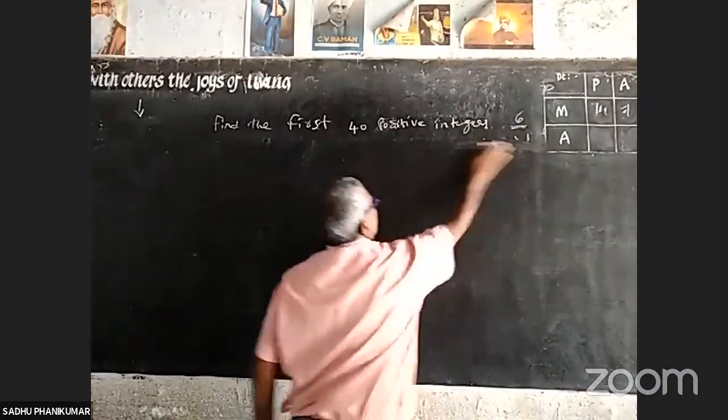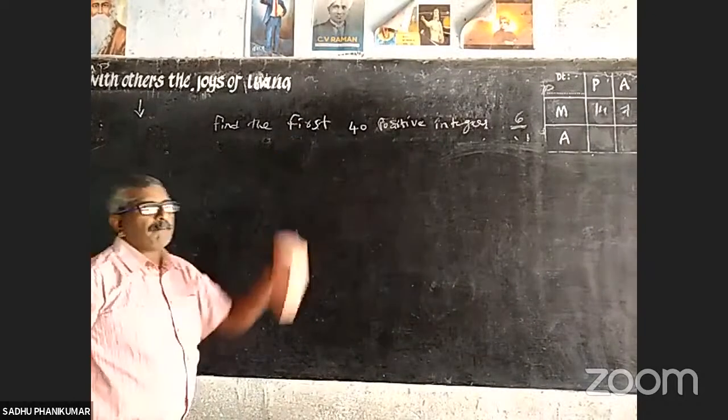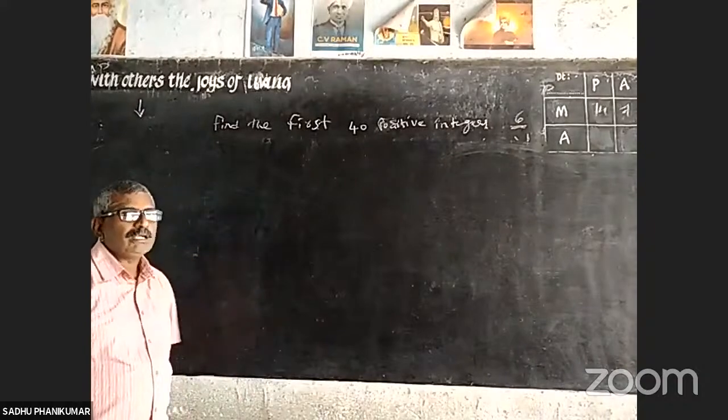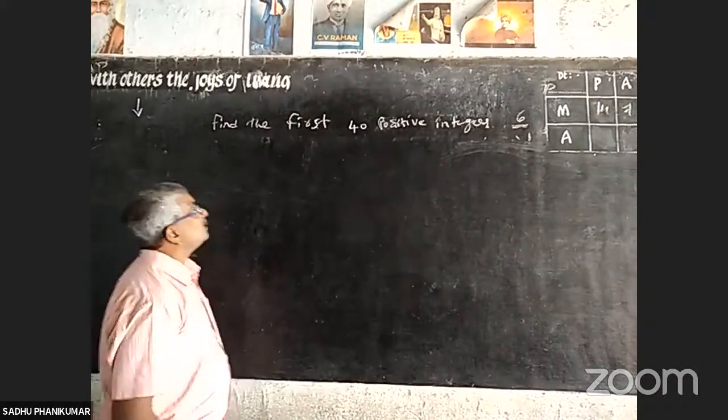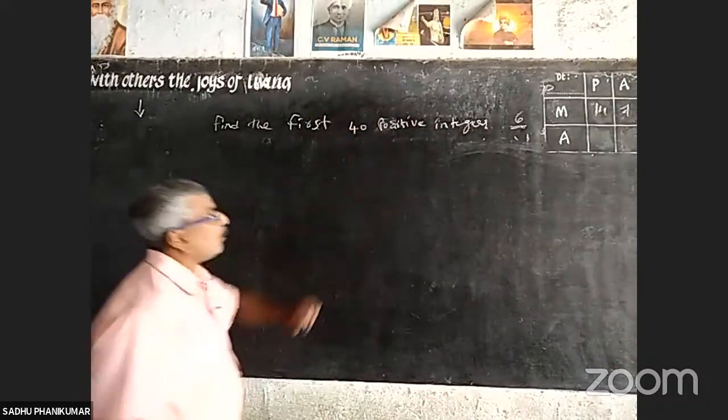Divisible by 6 is nothing but the multiples of 6. So find the first 40 positive multiples of 6.